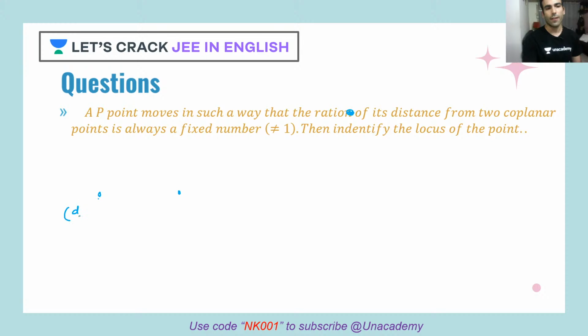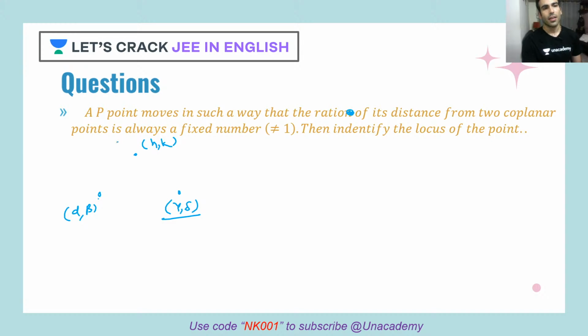So let's say alpha comma beta, and another one is gamma comma delta. Now there is a point whose locus needs to be found. So we can just give h comma k as coordinates, correct? Now what you need to do is simply follow the constraint given here and write that down in mathematical terms.